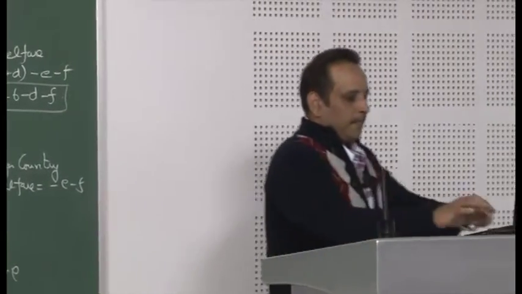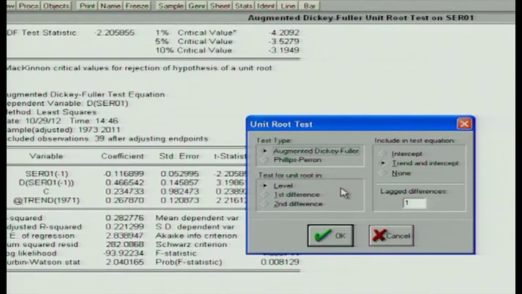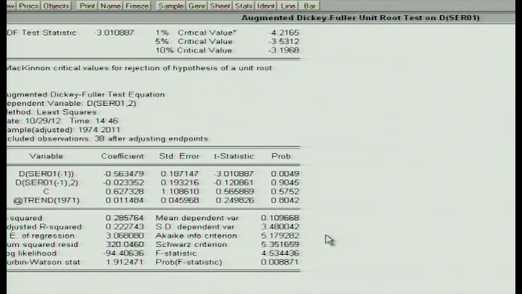Now, you go to view, there is unit root test again. Now, see the first difference and then click OK. Look at this, even after differencing it once, the absolute value is still less than the critical values. So, it has not become stationary even after differencing it once.